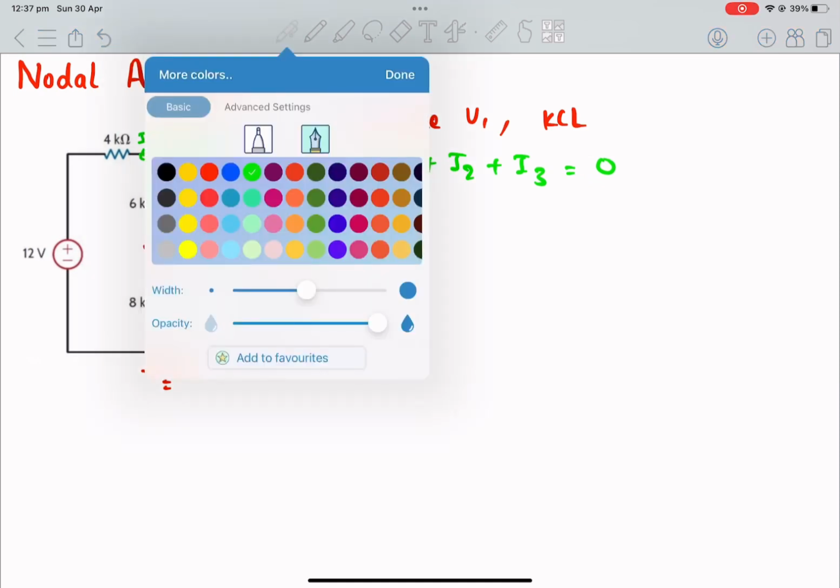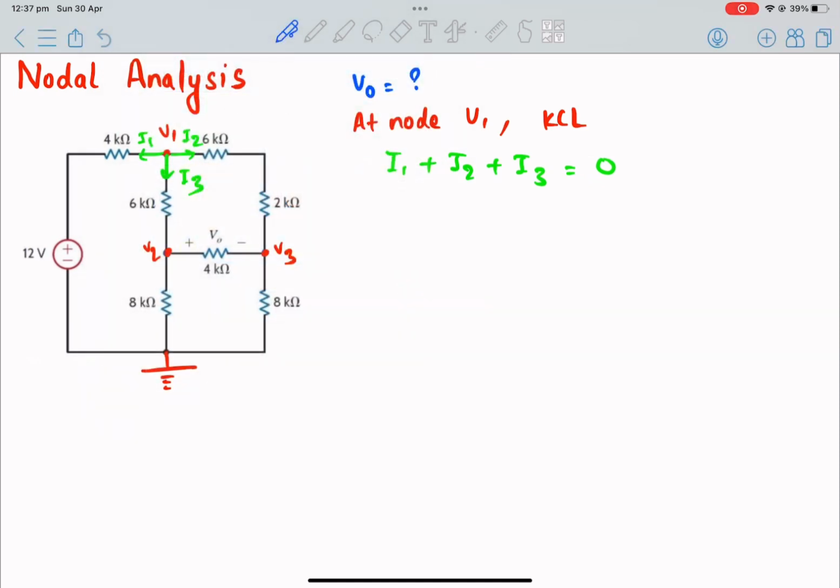So what's I1? I1 is V1 minus 12 over 4K. Plus I2 is V1 minus V3 over 6 plus 2, because they are in series, that is 8K. Plus I3 is V1 minus V2 over 6K.